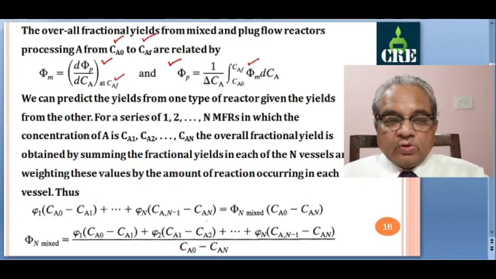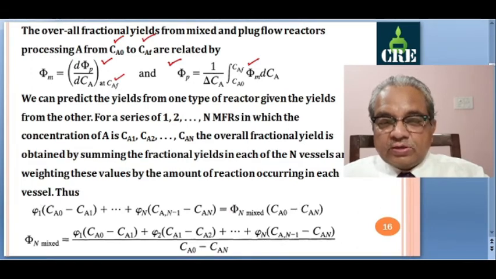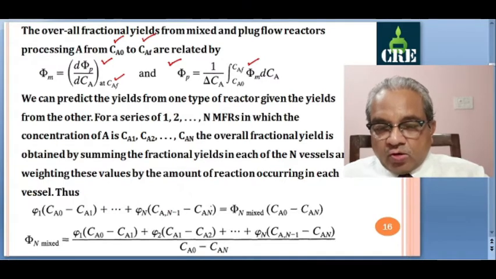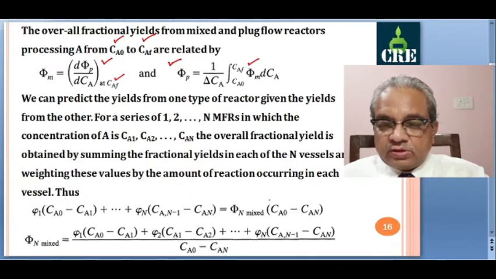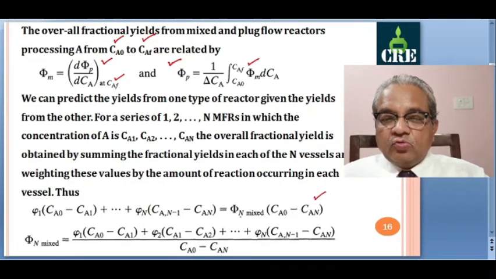Can is the exit concentration from the final reactor, and that times capital phi n for mixed flow.